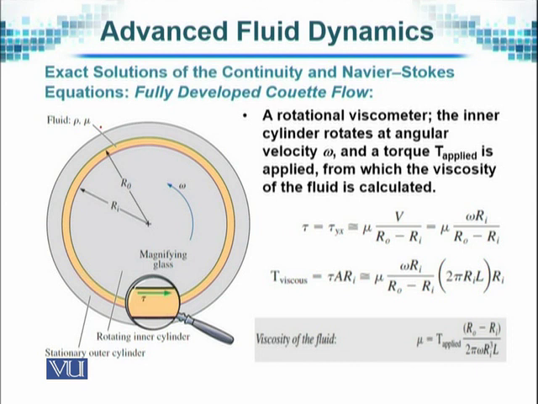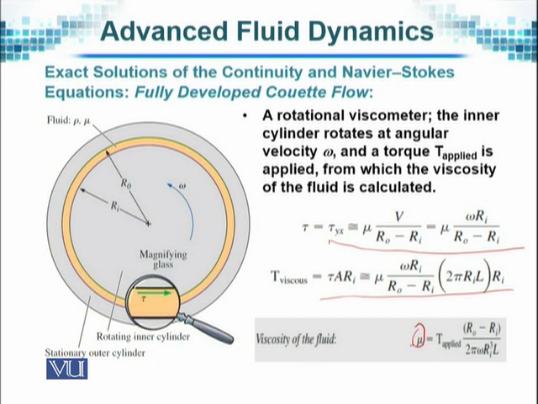If we magnify it, then we see the stress forces and how they generate the motion, and they turn out to be very similar to what we have in the rectilinear case. So these will be the forces, and from this, in fact, we shall be obtaining the value of mu, the viscosity, and this setup is used for measurement of the viscosity of a fluid.